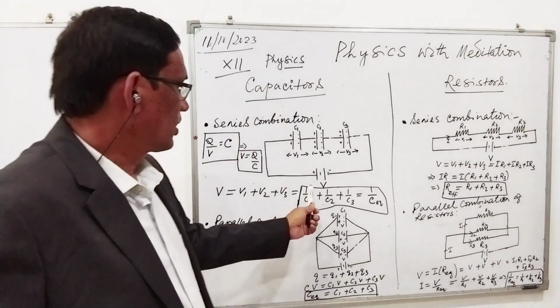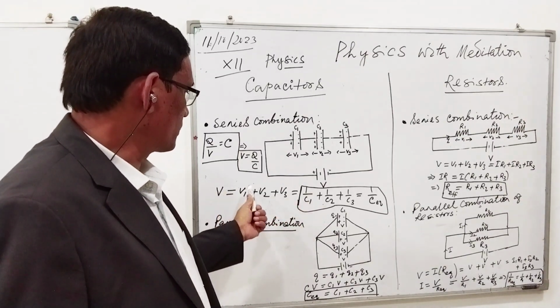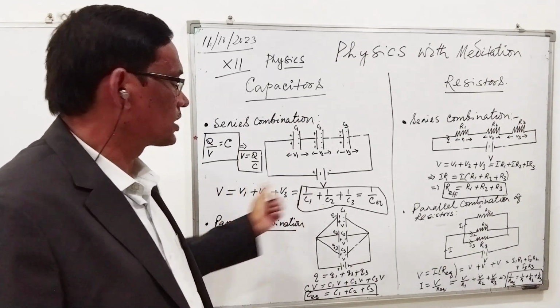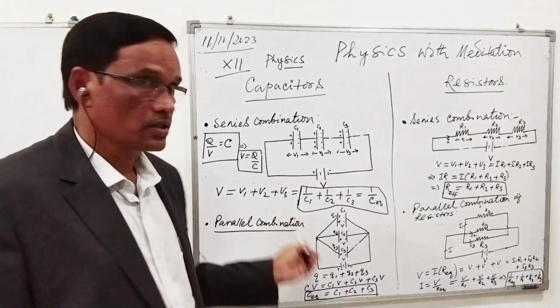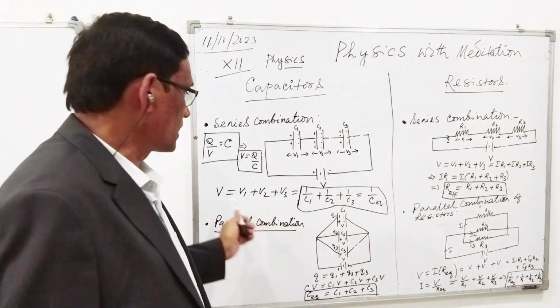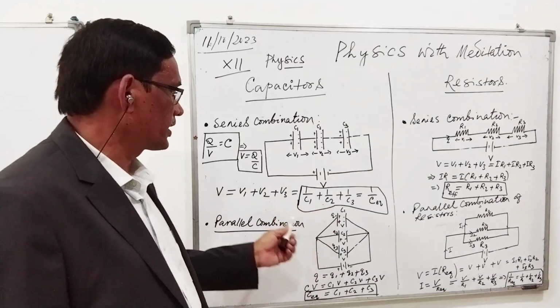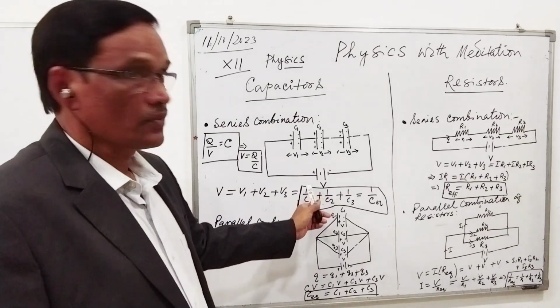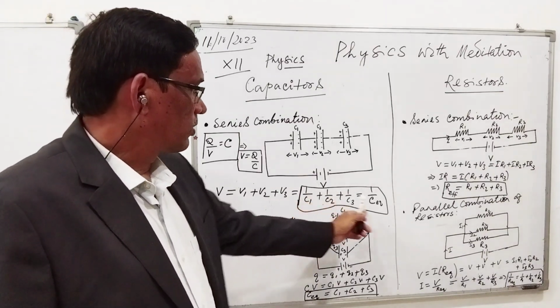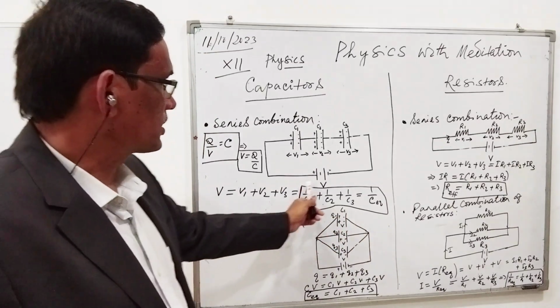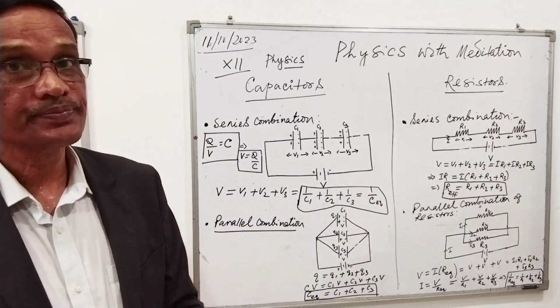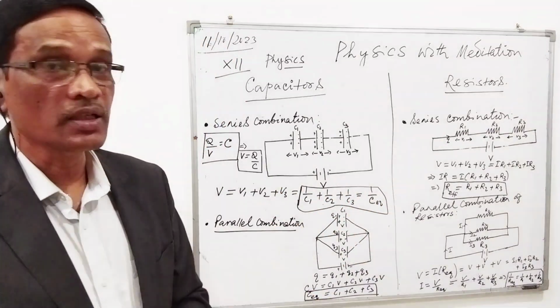That is why, if you see the charge is the same, then you can equate overall from the left side and the right side, and you will get easily the formula for the equivalent capacitance of the capacitors when connected in series.